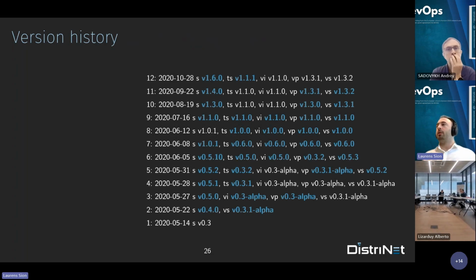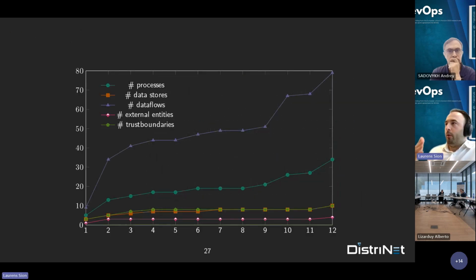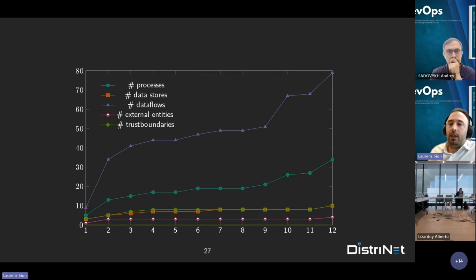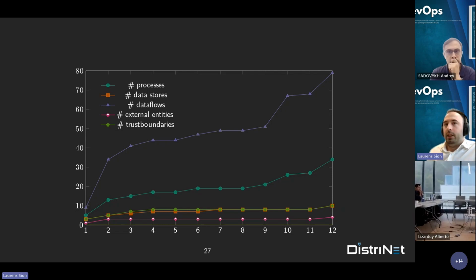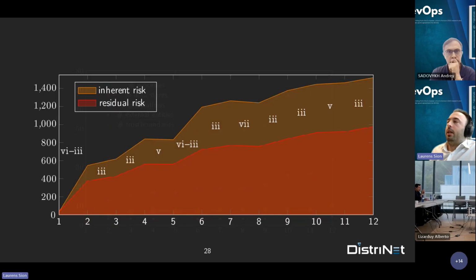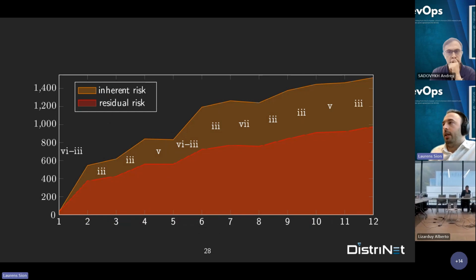So every time there was some significant change in one of the server components, a new version of the total model was created. I can also give you an overview of how the complexity of these types of models changes over time, with a lot of new elements, data flows, and processes introduced. And on these models, we did a similar analysis to uncover these types of changed patterns in the risks that were identified.